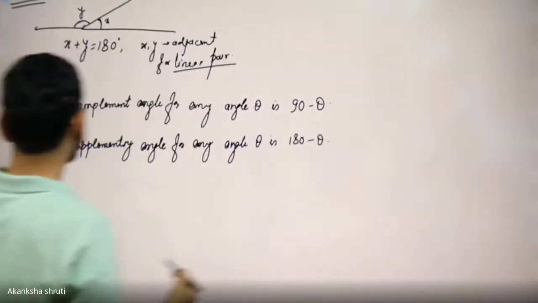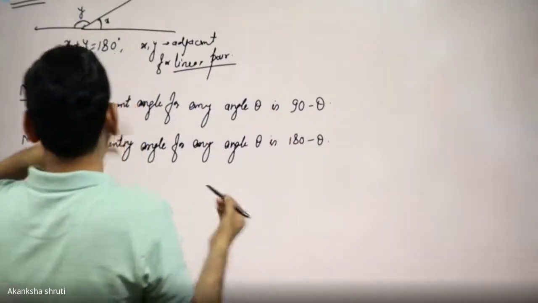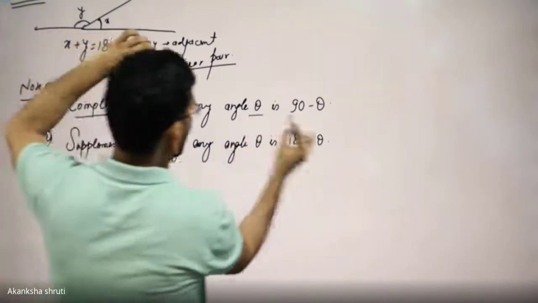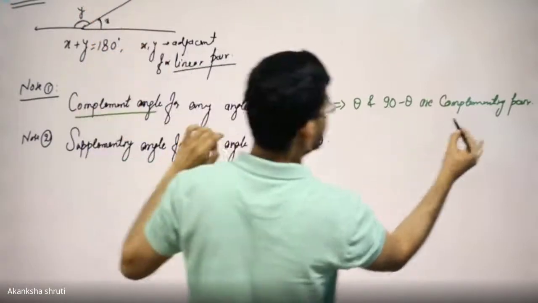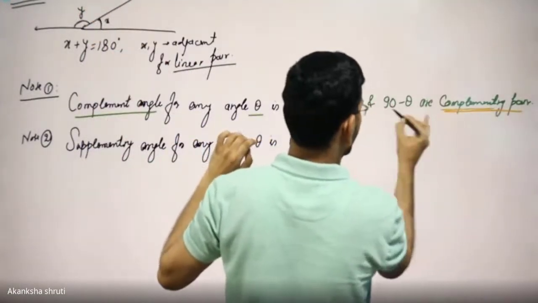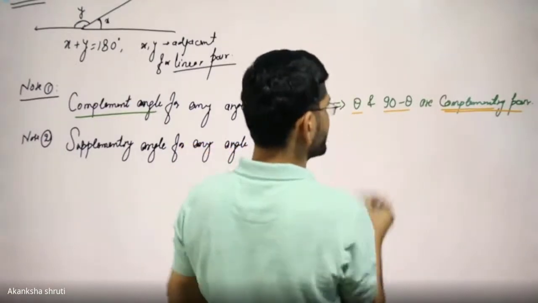Considering this, theta and 90 minus theta are called a complementary pair. Complementary pair means they are in pair, they are for each other to form the complementary. One should be theta, the other should be 90 minus theta.